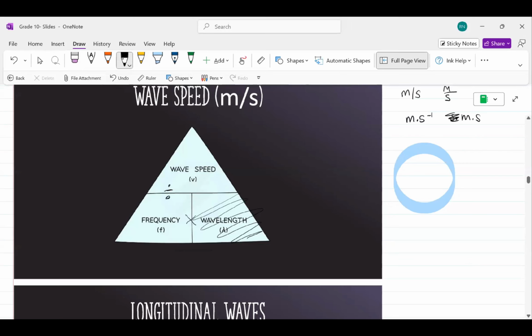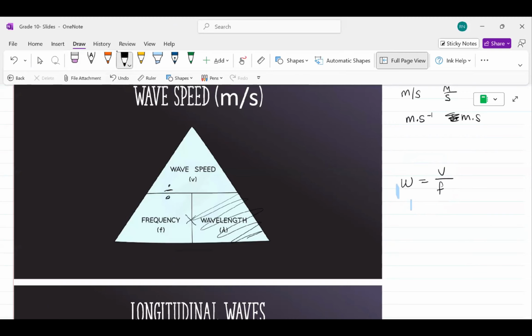So if I had wave speed and frequency and I'm looking for wavelength, I would say wavelength is equal to wave speed, which is v, over frequency.